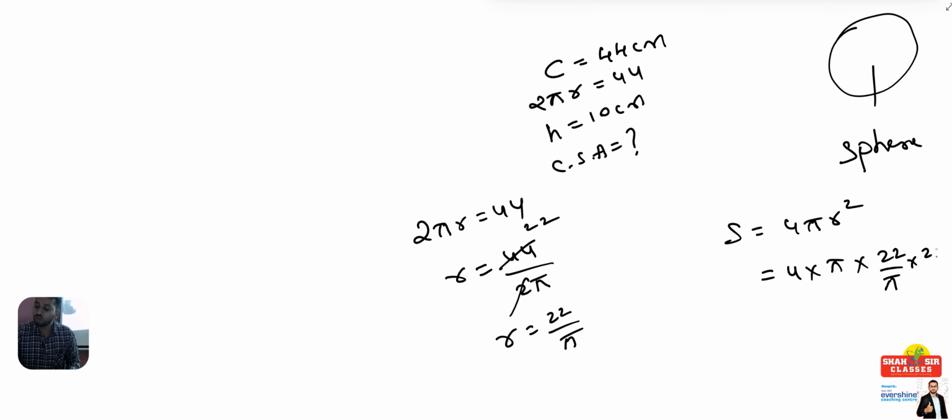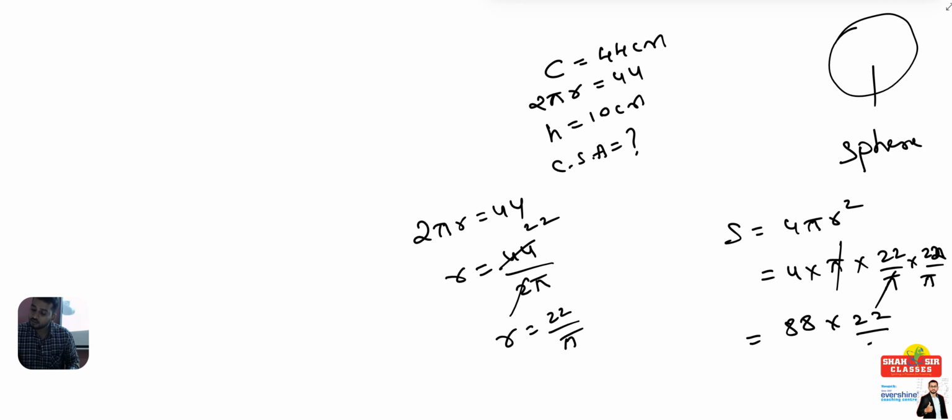So 22 by pi into 22 by pi, 2 times. So pi gets cancelled. 4 into 22, 4 2s are 8, into 22 by pi.